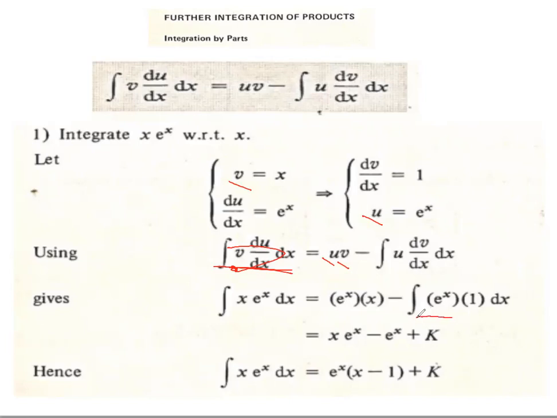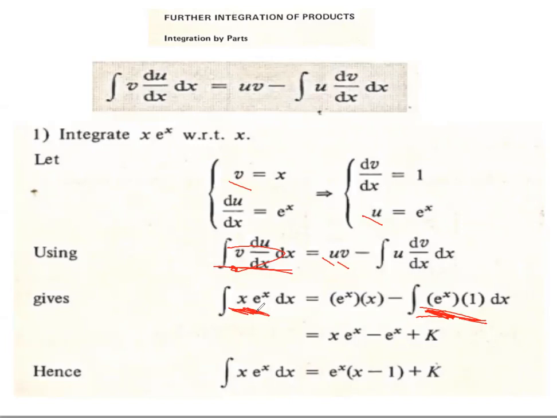You have to integrate e to the x only. You see that? You end up having to integrate e to the x, which is, of course, e to the x. And that's your answer. So what you end up with at the end here is simpler to integrate than what you started with. See? And that's why this method works.